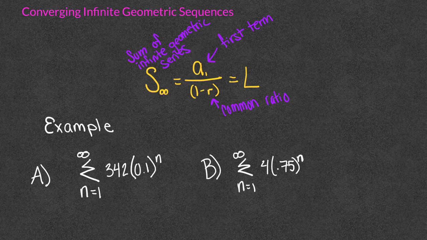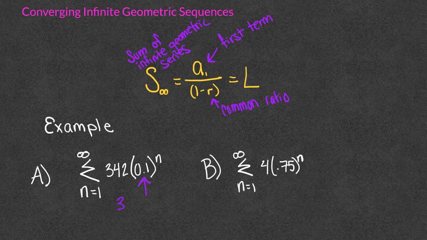We'll start off with letter A. So here we have a converging summation notation, a converging geometric sequence. I know that it's converging because my r value is in between -1 and 1, and it's not equal to 0. So what I'm going to do then is find my first term. I'm just going to go ahead and plug in 1 for n and do 342 times 0.1 to the nth power.